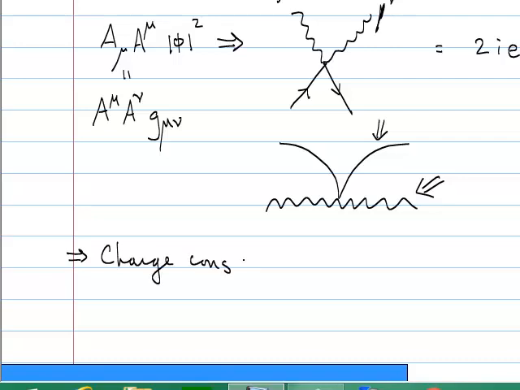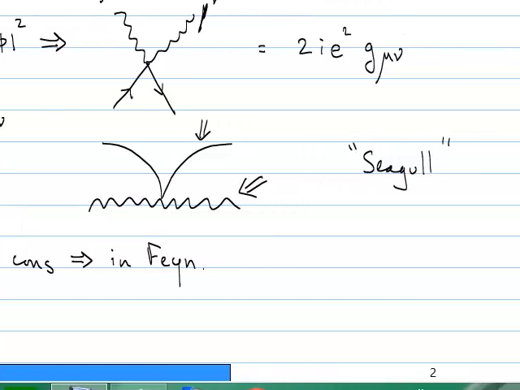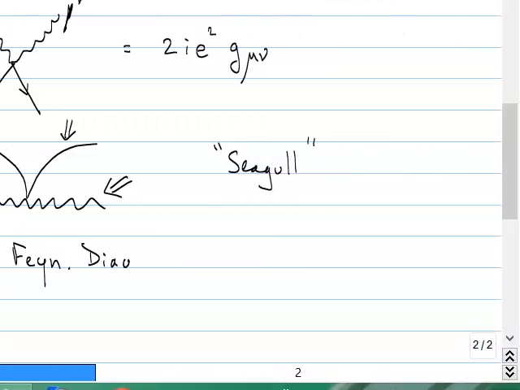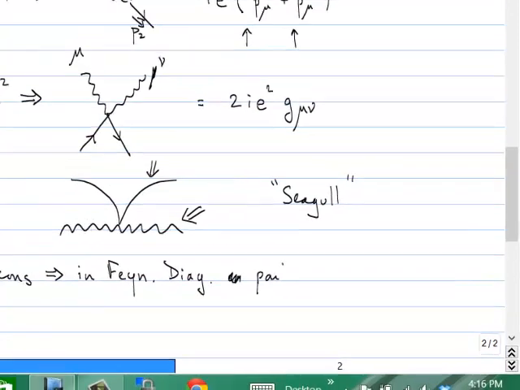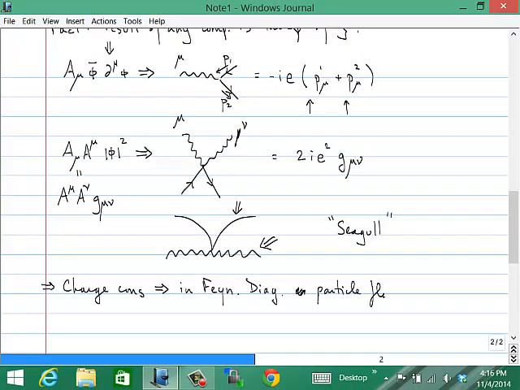Charge conservation, otherwise the fact that the action is real, implies that when you connect up these vertices and propagators in order to draw a Feynman diagram, the particle flow arrows must connect up.